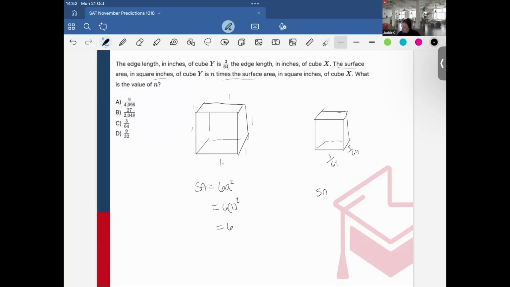And if I do the surface area of cube y, make sure you square the top and bottom. So this would become 9 over 4,096.